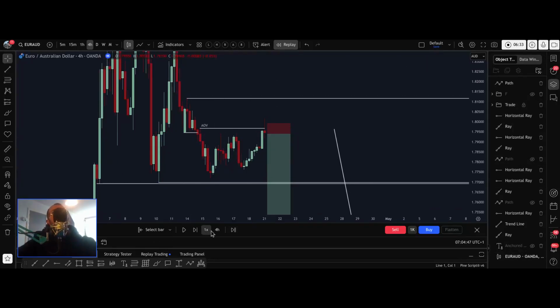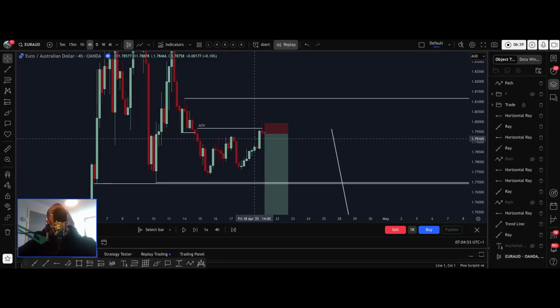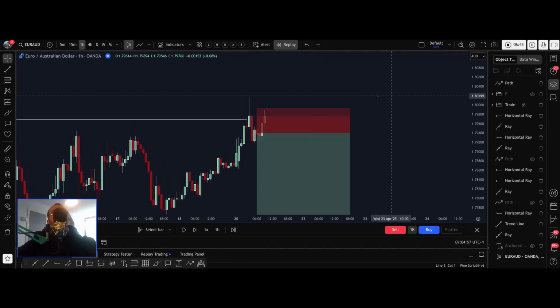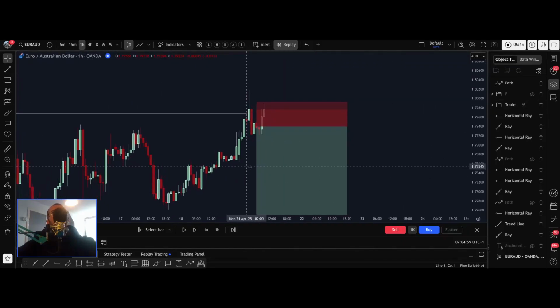So I got tagged in. I'm now managing this on the 1-hour chart, but I got tagged in. You can see I'm already out on the 4-hour chart, but I was tagged in. I can't remember the exact time. It would have been between 6 and 7. So this has been locked, so it should be the correct time.